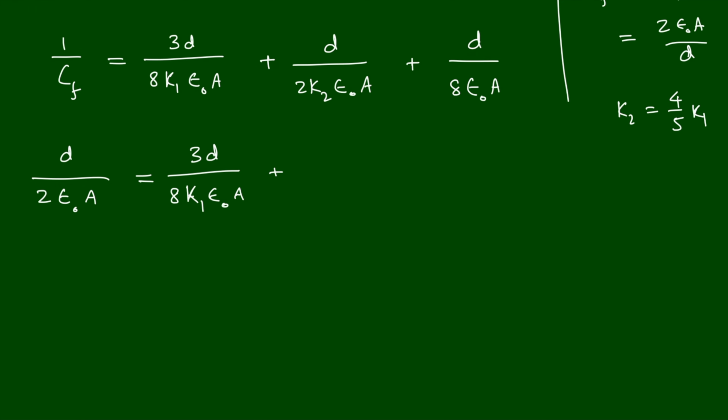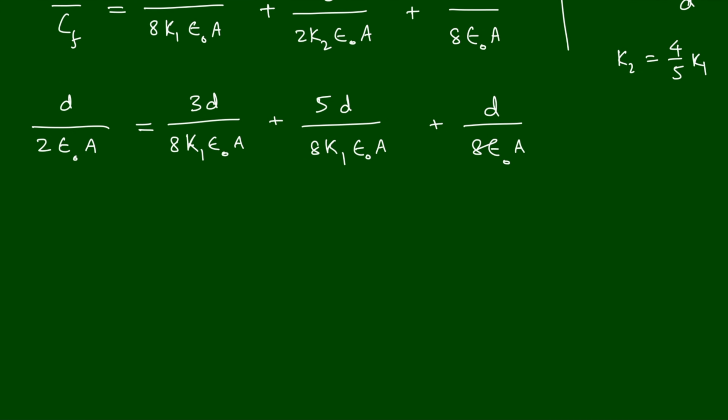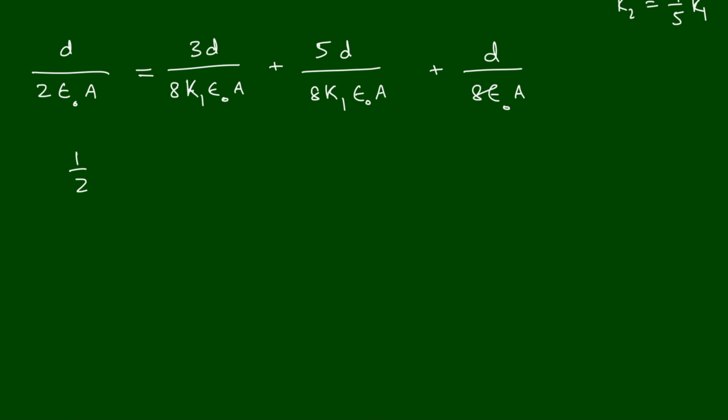You will put it here, so 2 into 4 you will get 8, and above 5, D divided by 8 K1 epsilon naught A, plus D by 8 epsilon naught A. Now from both sides D by epsilon naught A will get cancelled out, and 1 by 2 is equal to 3 by 8 K1 plus 5 by 8 K1 plus 1 by 8.